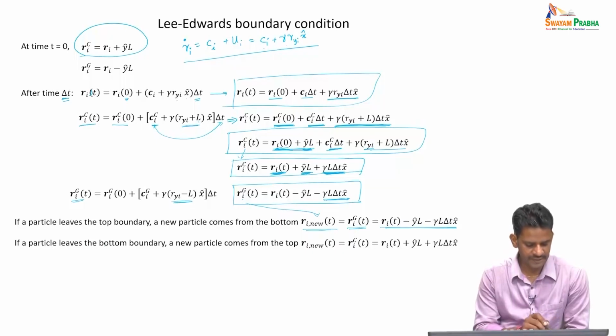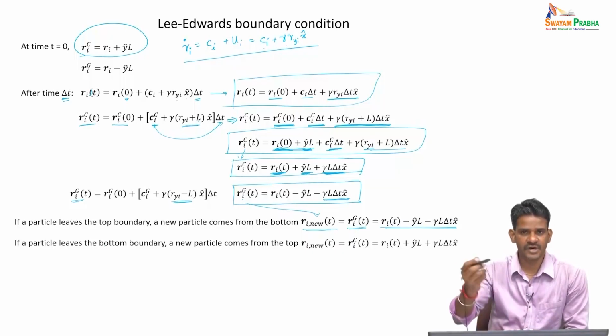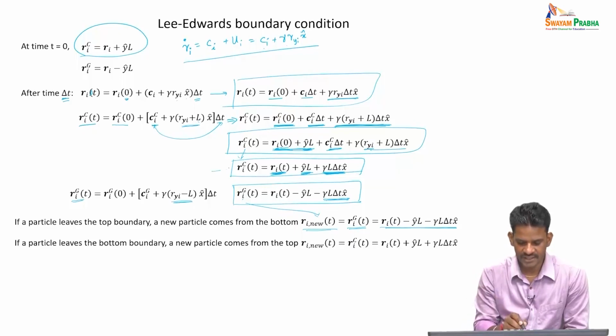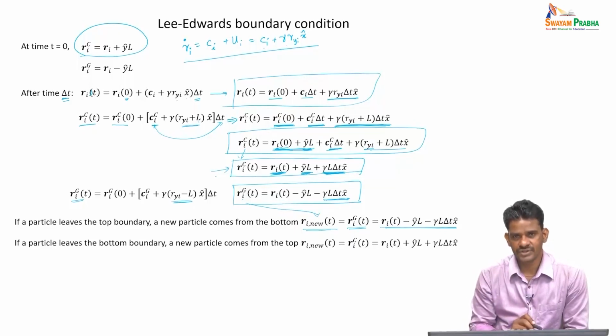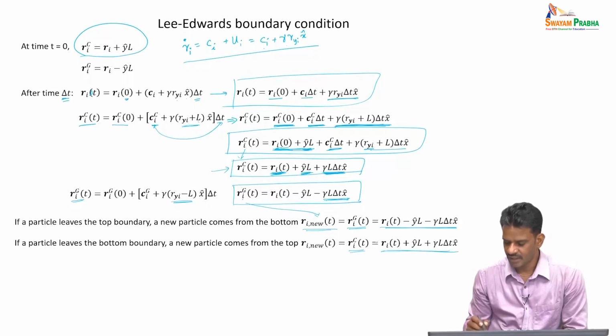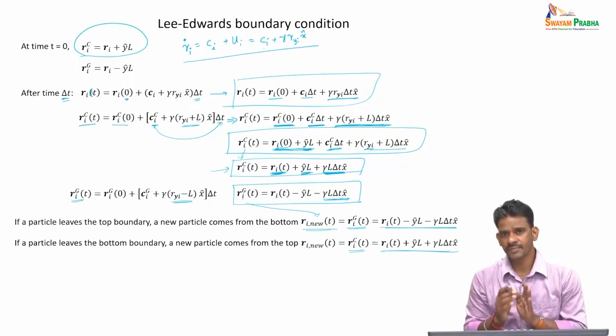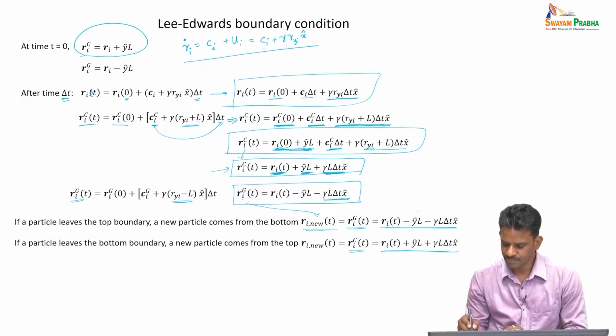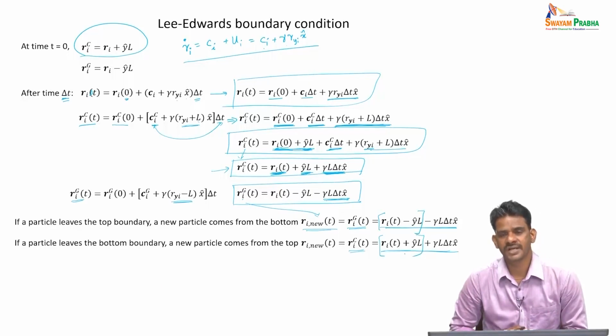Similarly, if a particle leaves from the bottom boundary, its periodic image has to come from the top, and we already noted that the particle position at the top is given by R_i^C, and so that is given here. In normal equilibrium MD simulations, we could have simply used only these two terms by adding and subtracting the box edge length plus L or minus L.